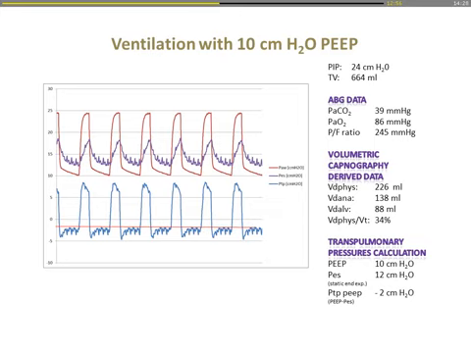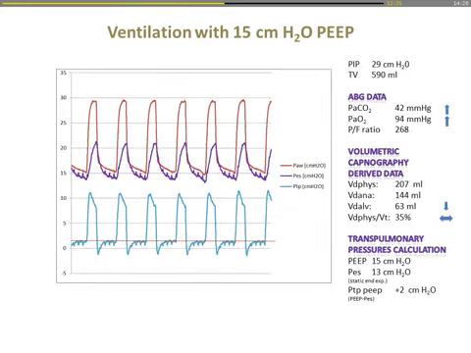Volumetric capnography, as you can see, shows the alveolar dead space is 88 ml, so it's 34% of dead space to tidal volume ratio, and at this time the PEEP settings resulted in a transpulmonary end expiratory pressure of -2.